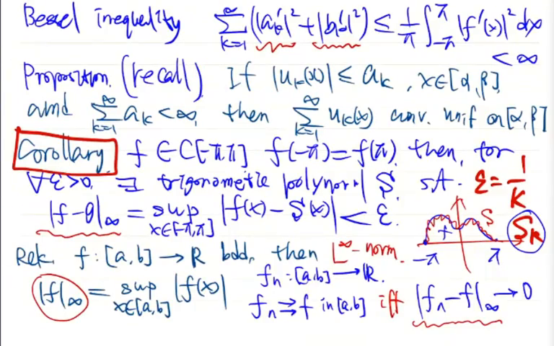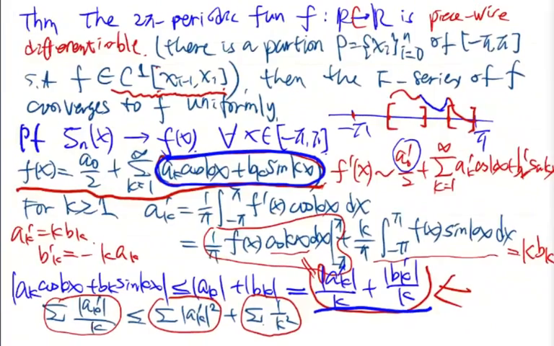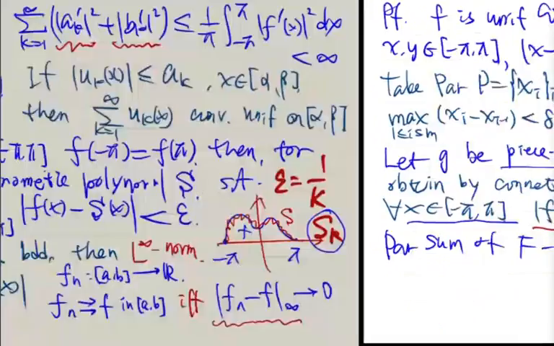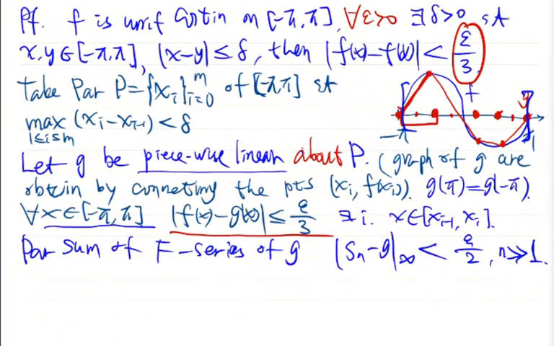Now using our previous theorem, this theorem says that for a piecewise differentiable function, the Fourier series converges to the function uniformly. Now our g here is piecewise linear, of course piecewise differentiable. So the Fourier series of g converges to g uniformly.